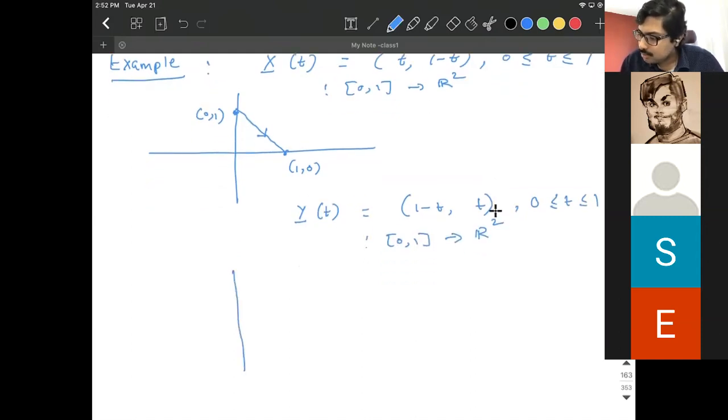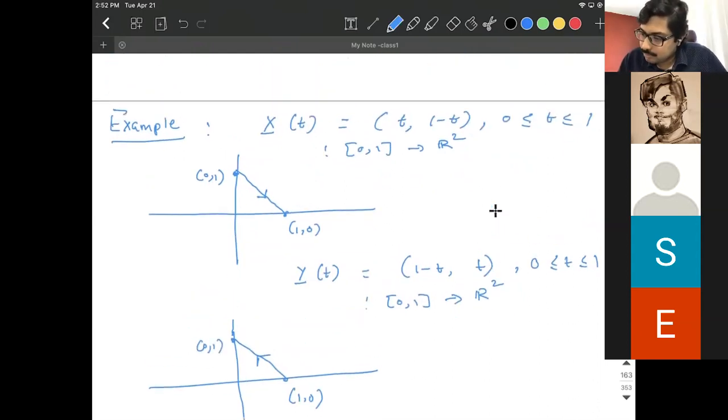But now you will see that the starting and the end points have changed. So here we are starting at (1,0). At t equals 0, it's (1,0), and we are traveling to (0,1). Okay, so this is the point. If we use this path, we use this path once and for all, so we fix this orientation.